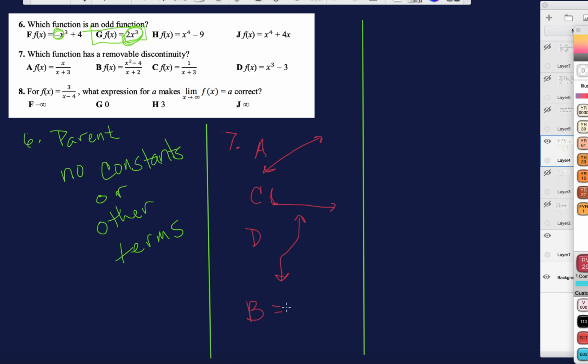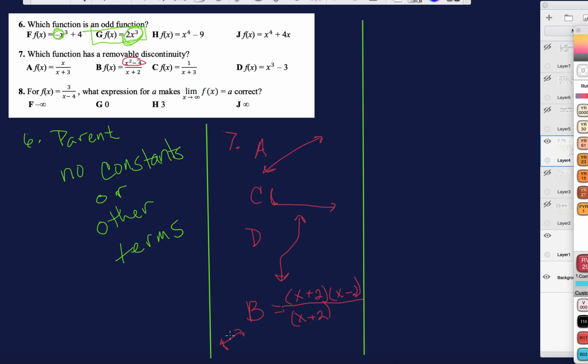Letter B equals this x squared minus 4, which you should see as a difference of squares. x plus 2, x minus 2, and then that's all over x plus 2, right? Well, these two things can cancel out and we'd be left with a linear function, right? If you just put x plus 2 in there.